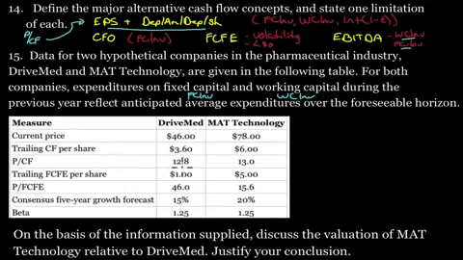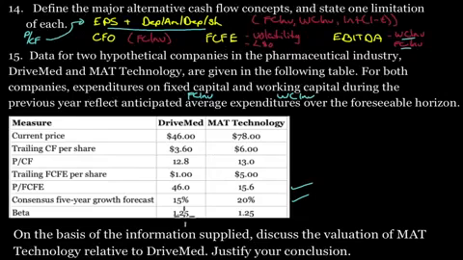Price to cash flow, 12.8 and 13. They look roughly equal on that measure. Trailing free cash flow to equity per share, that takes into consideration the cash required for reinvestment, 1 versus 5. The price to free cash flow to equity, 46 times versus 15 times. Advantage MAT on this one. Consensus 5-year growth forecast, 15% versus 20%. Advantage MAT on this one.